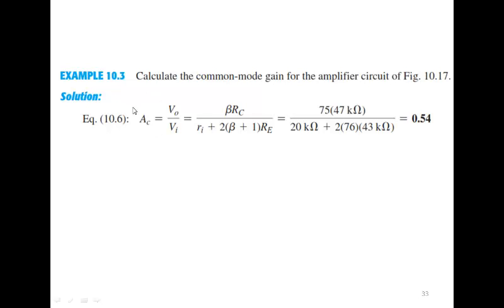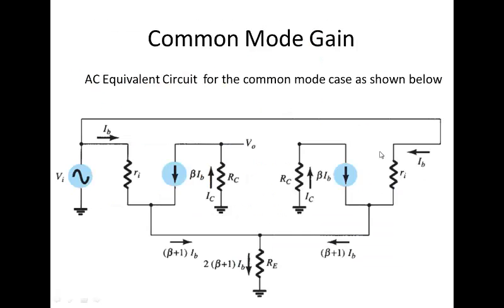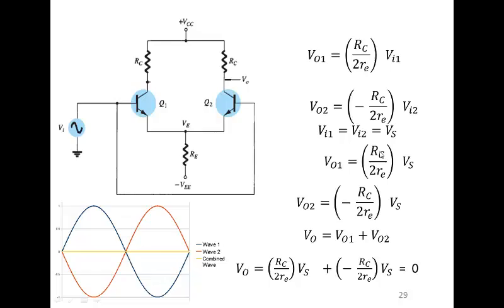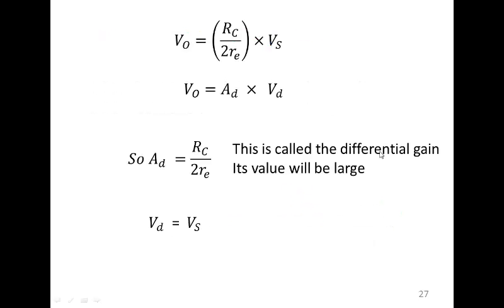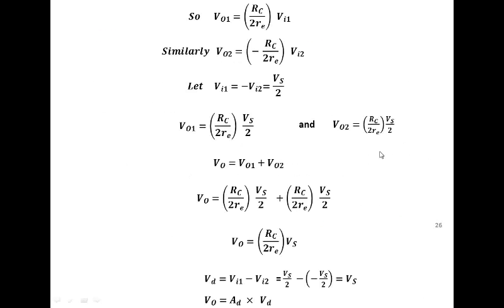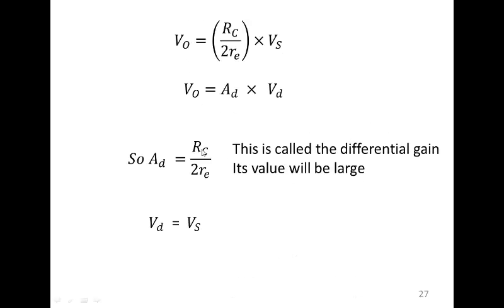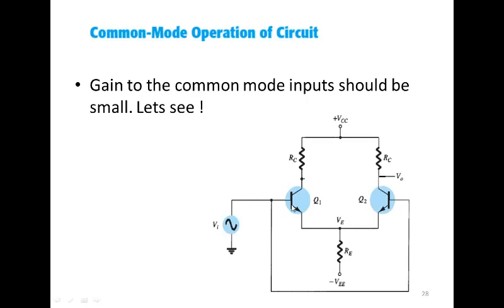So this is the common mode gain of the amplifier, which is pretty much less than 1, and for the differential gain you can use this relationship, and it would be quite large as compared to the common mode gain.